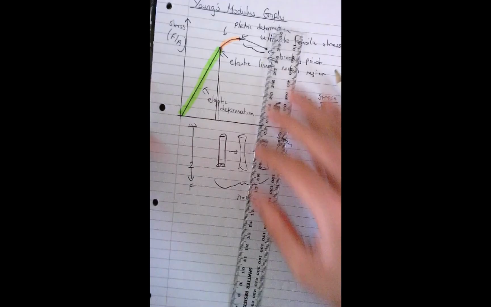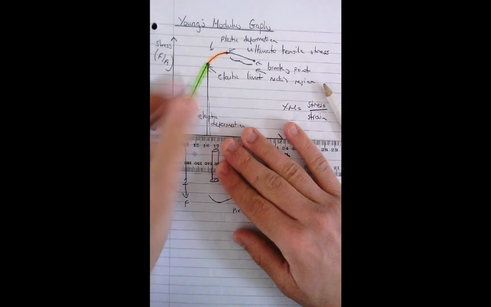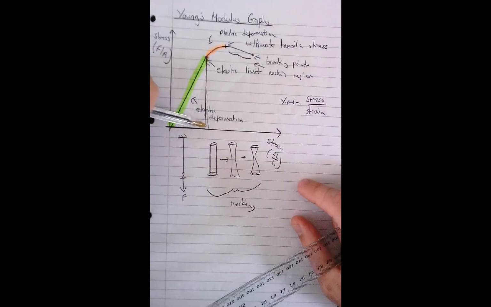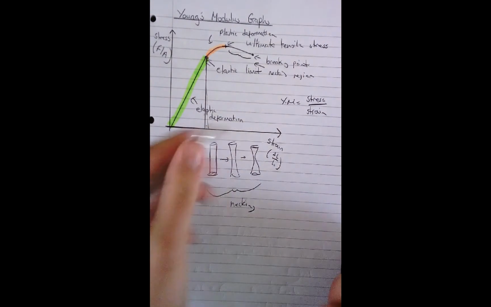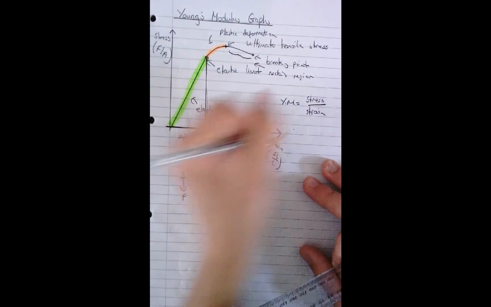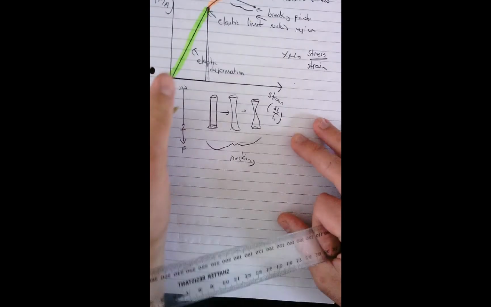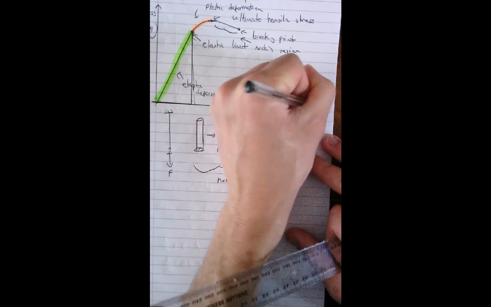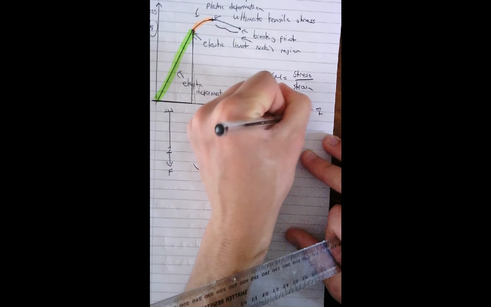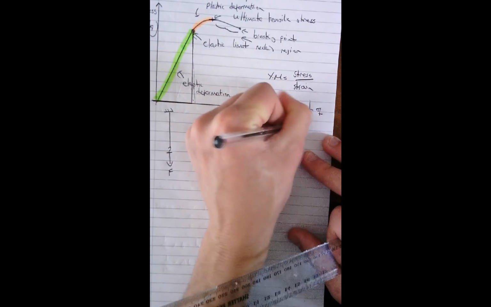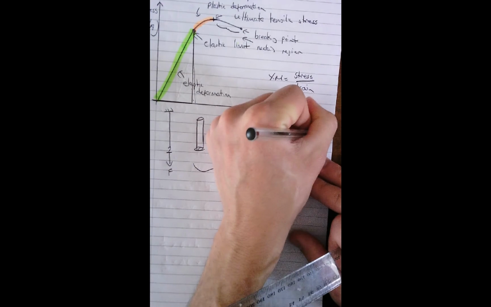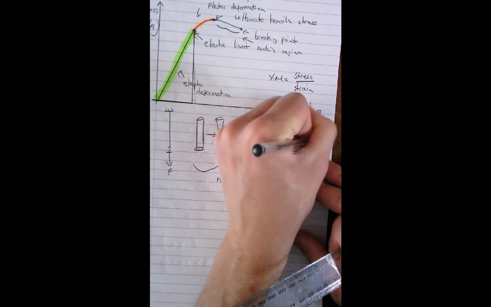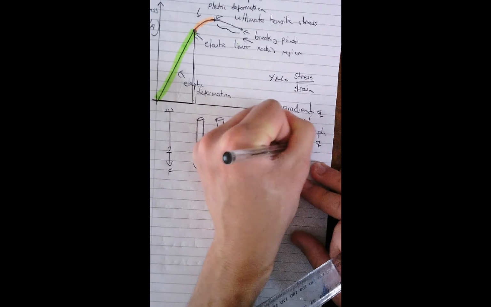The stress is proportional to the strain. Now, in this case, if we were to work out the gradient, we would be doing stress divided by strain. So that's why for that graph, an important note here: the gradient of a stress-strain graph is equal to the Young's modulus of the material.